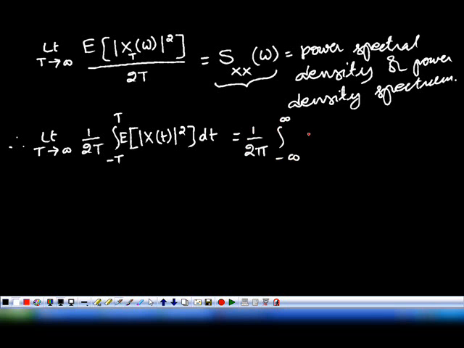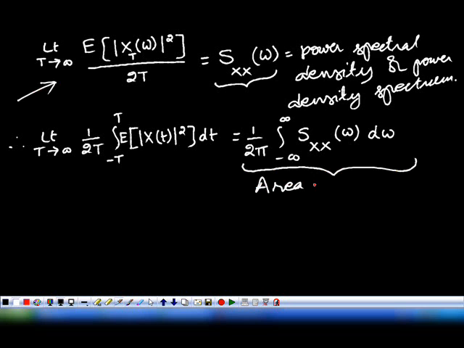Here we have limit t tends to infinity of this much, so that can be written as this. Is it correct? In the above equation we are substituting this. Here this quantity is the area under the power spectral density.